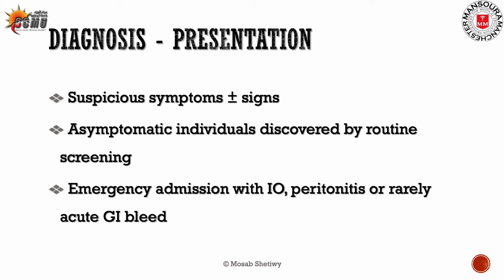Clinical presentation of colorectal cancer varies between suspicious symptoms and signs, or accidental discovery on routine screening of asymptomatic patients, or, as we've mentioned before, presentation with complication, and that is more commonly encountered in the emergency hospital with intestinal obstruction, perforation, and peritonitis, or rarely acute bleeding.